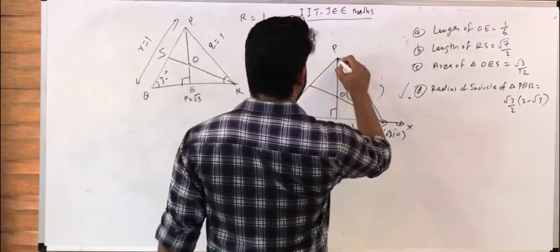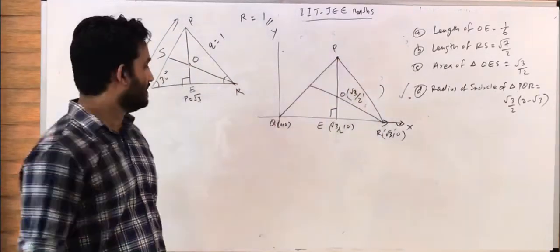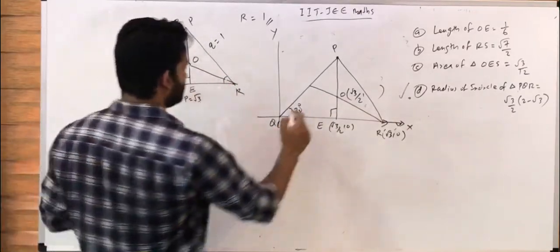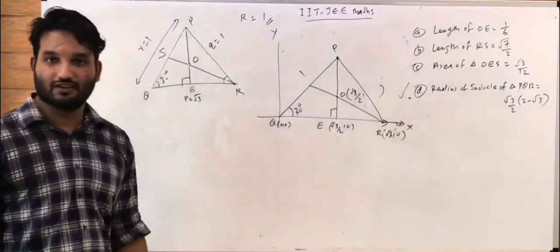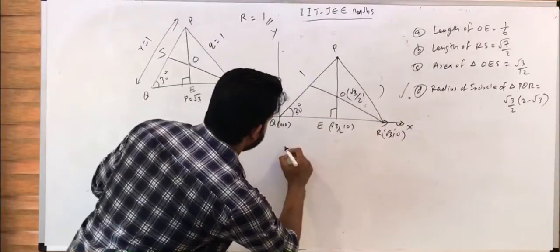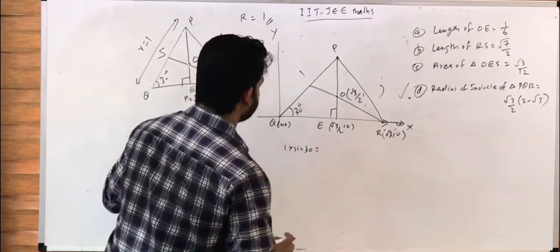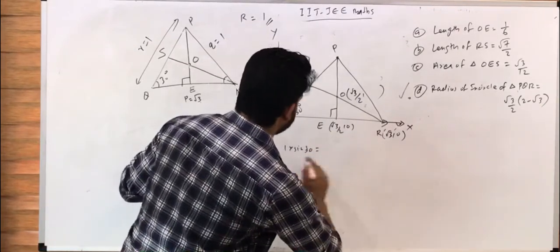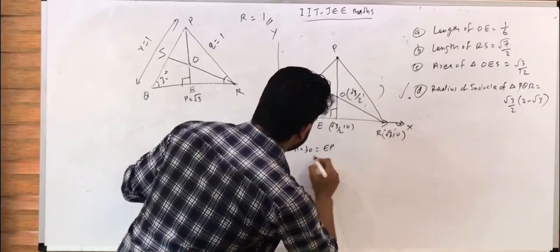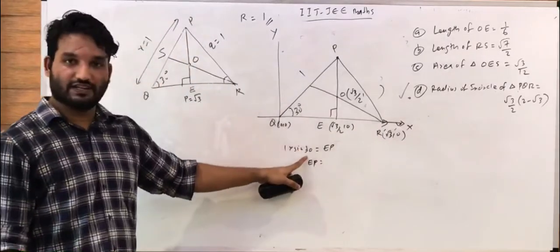Similarly, how do we find the coordinates of P? This angle is 30 degrees and this side is 1. So we can use the trigonometric relation: 1 times sine 30 is equal to EP. So EP is equal to, what is the value of sine 30?